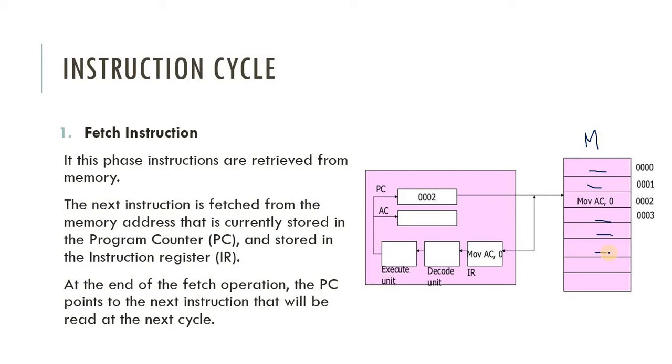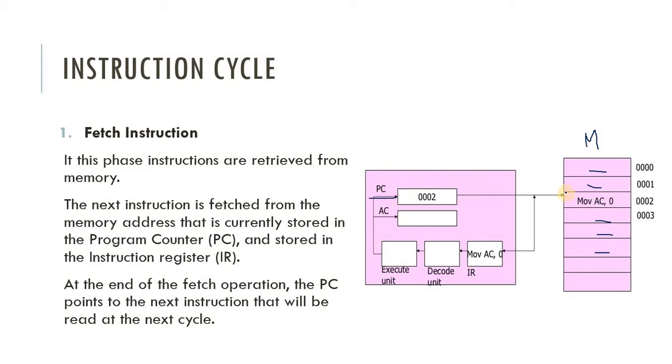The next instruction is fetched from the memory address that is currently stored in the program counter and stored in the instruction register. We already know what the PC, the program counter, is. The program counter stores the address of the instruction that is executed next. So in the fetch stage, first we get the address of the instruction from the program counter.